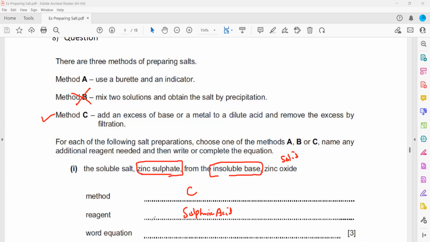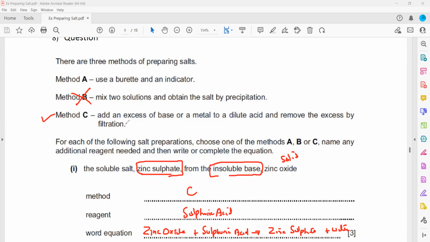And a word equation: zinc oxide plus sulfuric acid will give zinc sulfate plus water. That's the word equation.